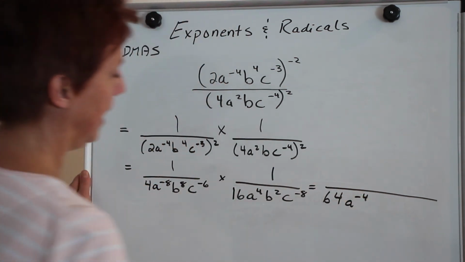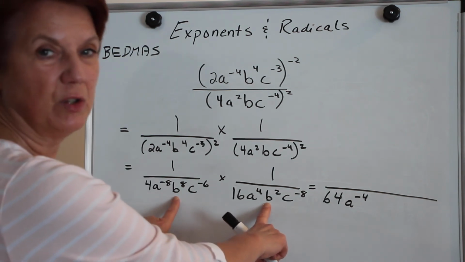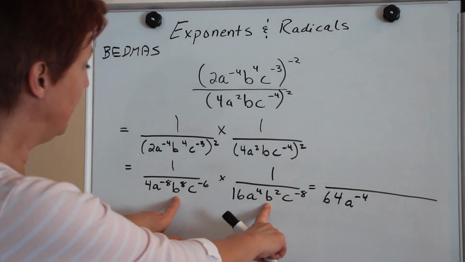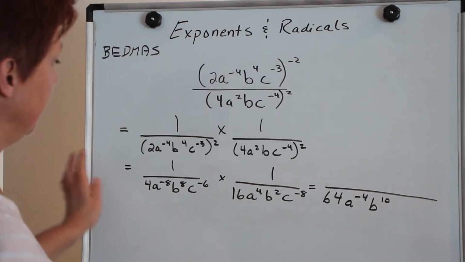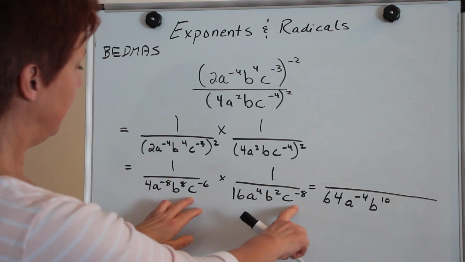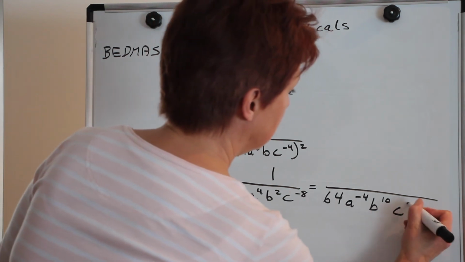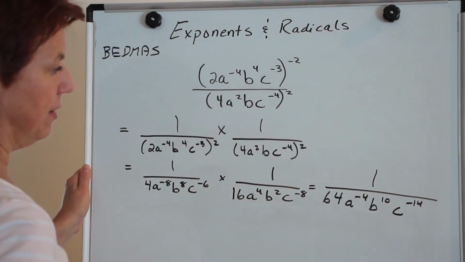That's the power on that a, okay? B to the 8 times b to the 2 is b to the 8 plus 2, because we add the exponents when we multiply the bases, so we end up with b to the power of 10. And then negative 6 plus negative 8 is negative 14. So we get c to the negative 14. I'll just put a 1 there to hold that for now, okay?